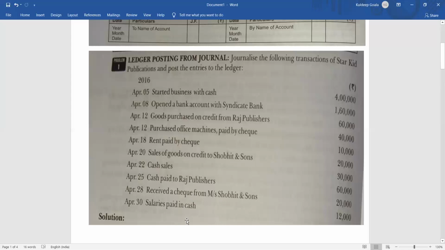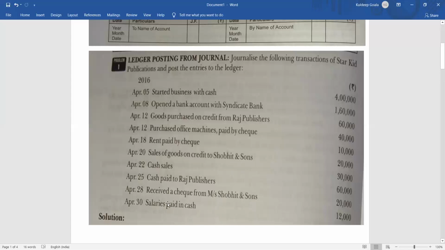But here no information, so we will take it directly as bank account. So we already have the bank account, and Sobhit and Son's account we have already prepared. Okay, so we will not prepare any account here also. So till now we have 9 accounts. Then salary paid in cash. One is the cash, another one is salary, right?